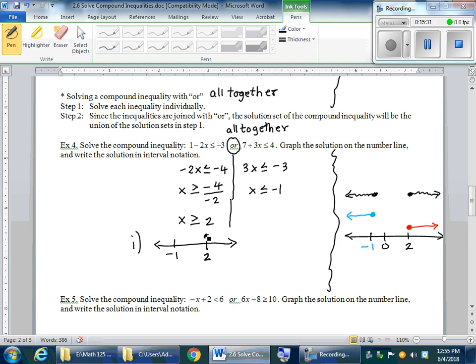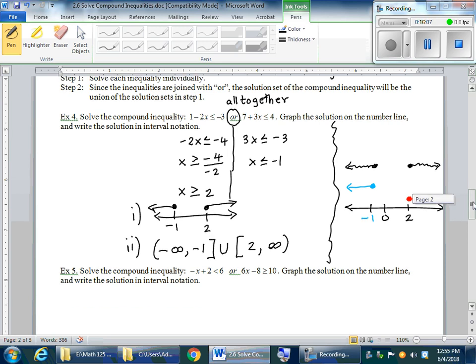And this is a closed circle going to the right-hand side, a closed circle going to the left-hand side. For interval notation, once you have the graph, write it from the graph. So it will be -infinity to -1. Infinity is not inclusive, -1 is inclusive, so it will be a bracket, union with bracket 2 to positive infinity. So that would be our final answer for this example.